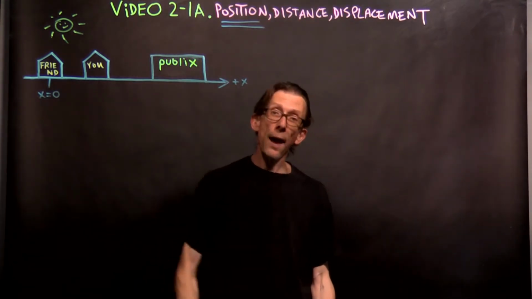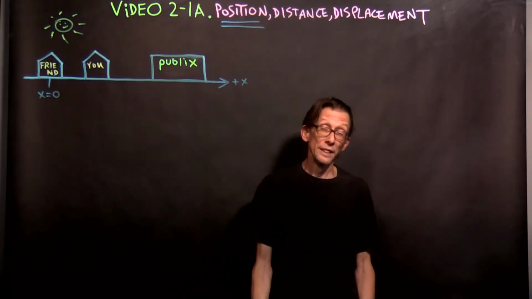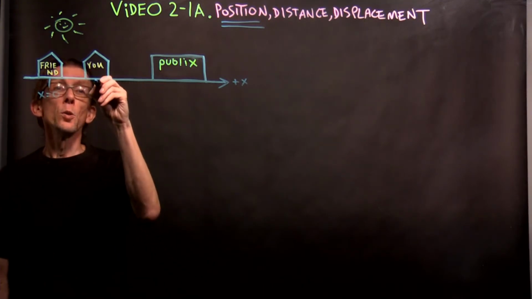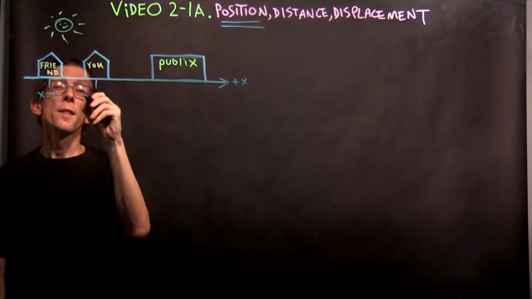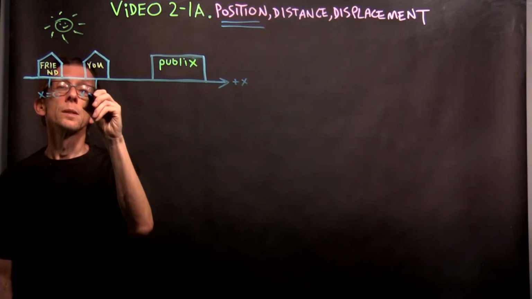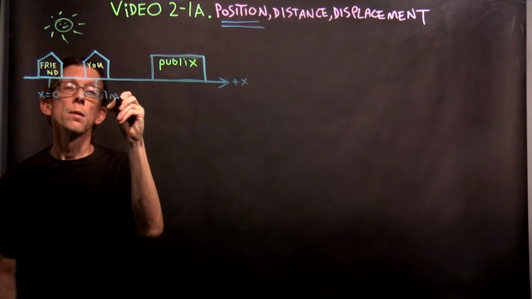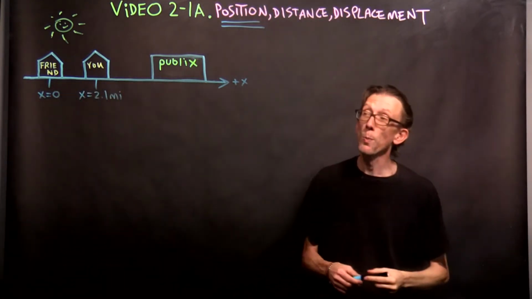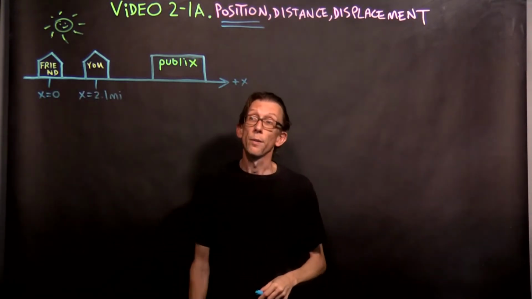Now, let's say that I have not drawn my picture here to scale, really, so that you live not right next door as it appears in the picture, but let's say that your position is 2.1 miles. MI stands for miles. So you are 2.1 miles this side of your friend's house.